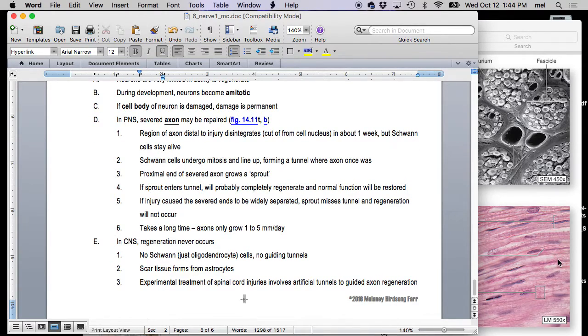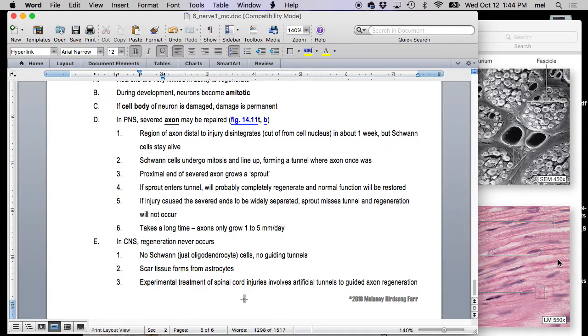In the CNS, you don't get regeneration pretty much ever, because if you damage the neurons, they're gone. But then if you damage the oligodendrocytes, they just bug out. And then what moves into the area are astrocytes, which for all practical purposes are just like scar tissue.